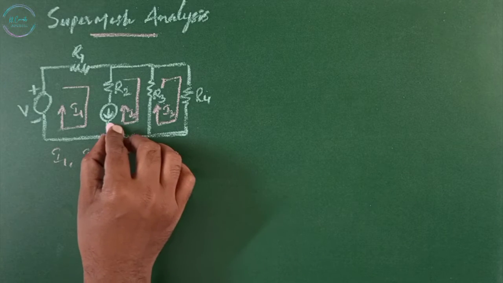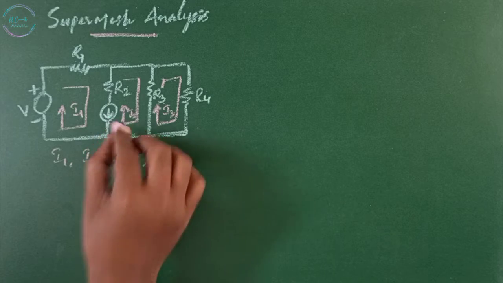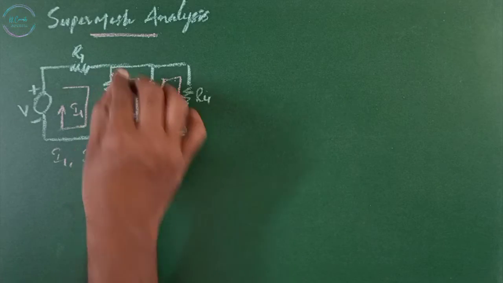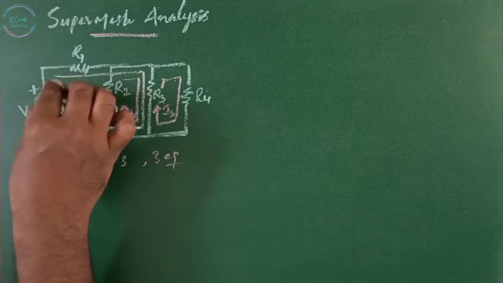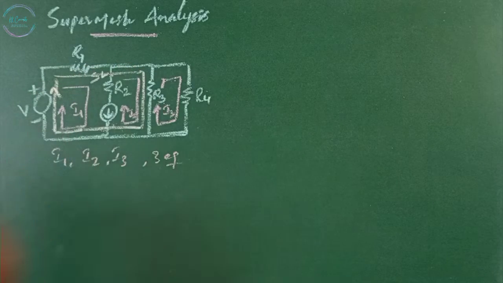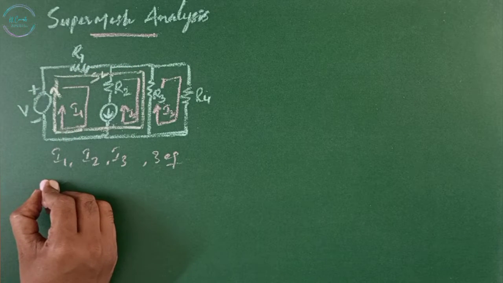Since we have a current source in loop 2, we will consider this as a super loop. Then we'll write the equations.